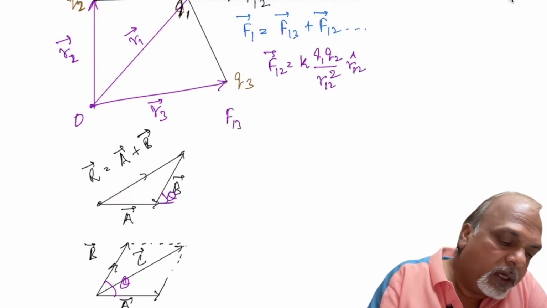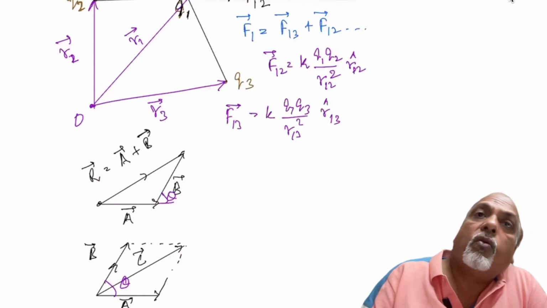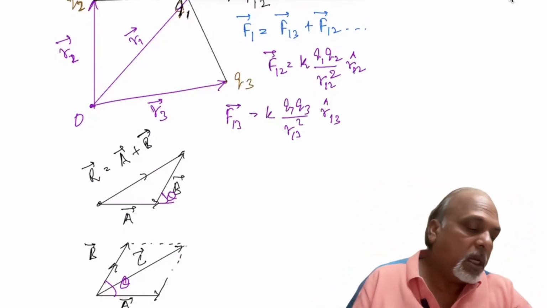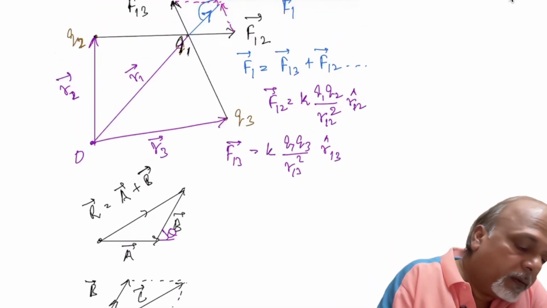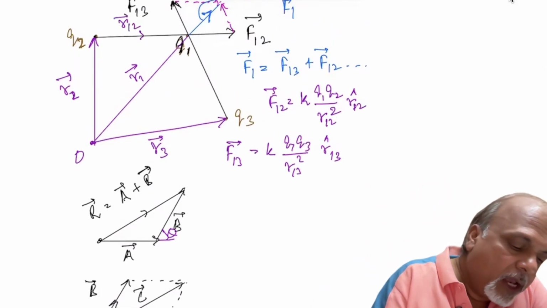Likewise, F13 is K Q1 Q3 upon R13 whole square, and this is the unit vector of R13. What are R12 and R13? If you see, then these vectors, these are your R12, and these vectors, your R13.